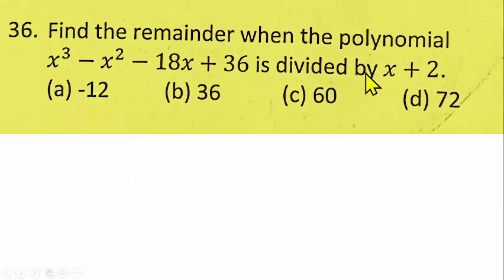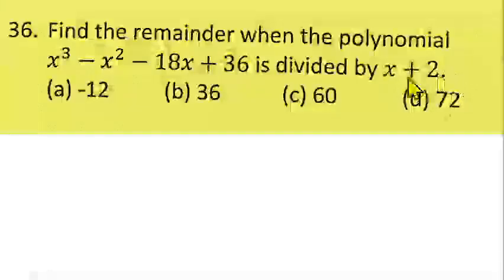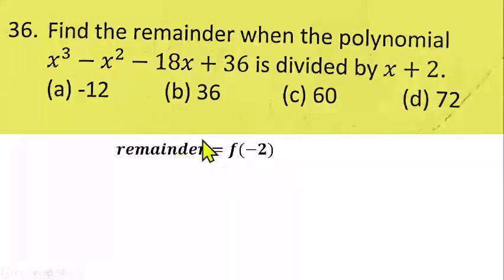So that means the remainder of this polynomial when divided by this should be f of minus 2. Sorry, it should be f of minus 2 rather, not x of minus 2. So the remainder of this should be equal to f of minus 2.